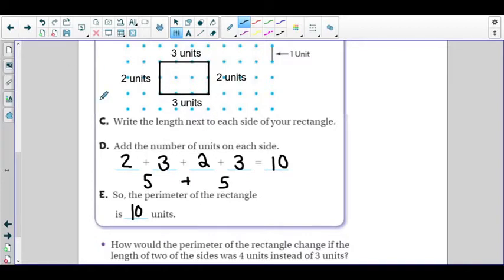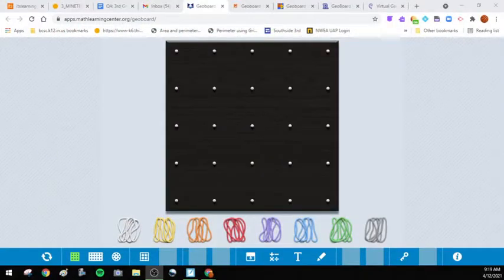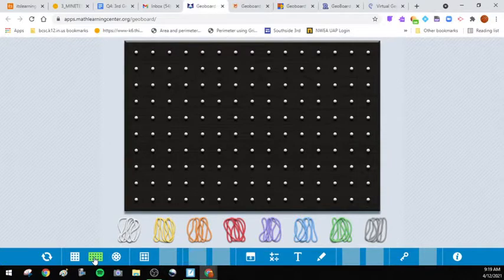And for that, we're going to switch over to a tool for you guys to use. And I will have a link for this. And this is an interactive geoboard. And I'm going to go ahead and expand this out right here. So what they wanted to know, instead of 3 units, it was 4.